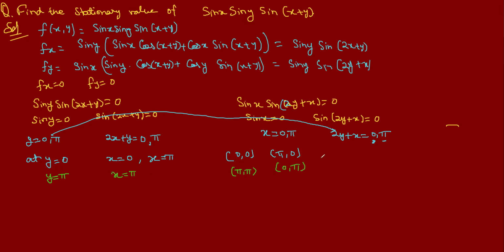And see this: 2x plus y is equal to pi, x plus 2y is also equal to pi. Solve these two equations and tell me the values of x and y.